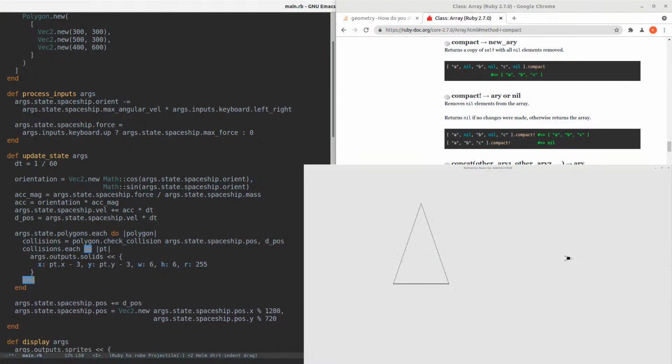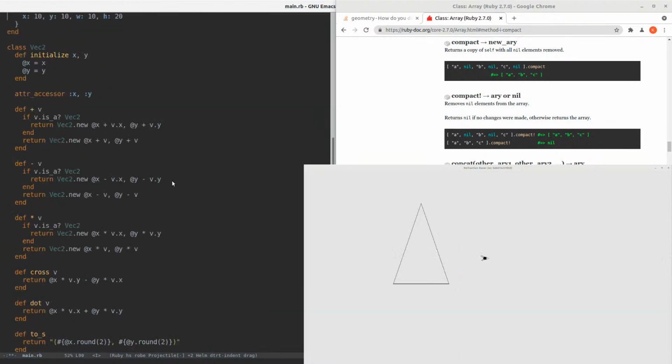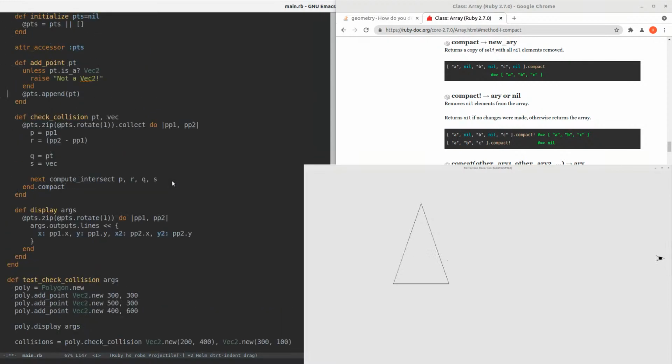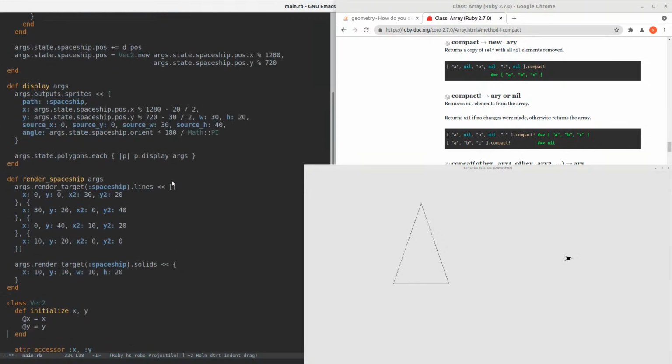So we now want to define our volumes, because if you recall, we are trying to do refraction. And so we'll call this just a polygon.